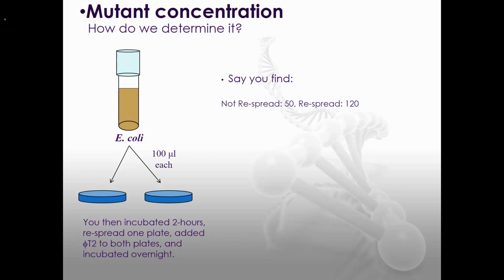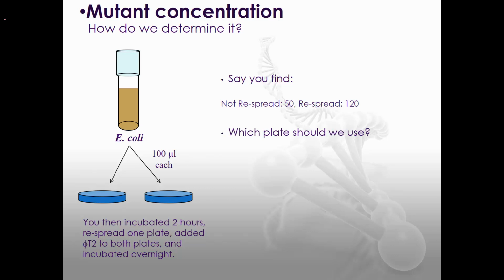We'll go through that in just a moment, but let's just presume here that this is what you saw, 50 and 120. If they're the same, then it doesn't matter which plate you use because they're the same. But if they're different, then we have a question, don't we? Which plate do we use?